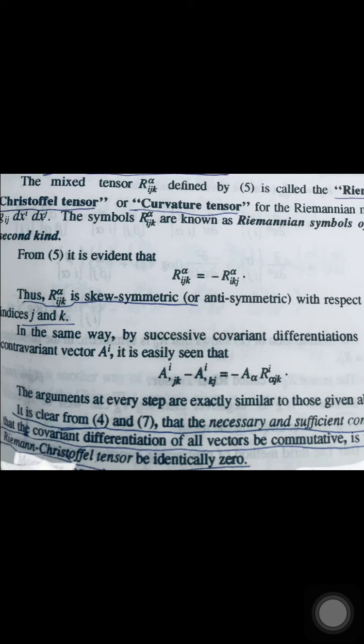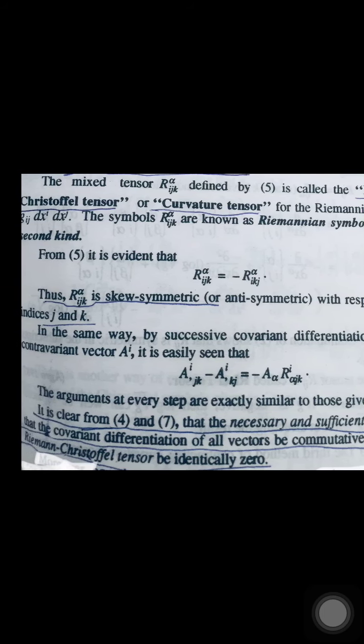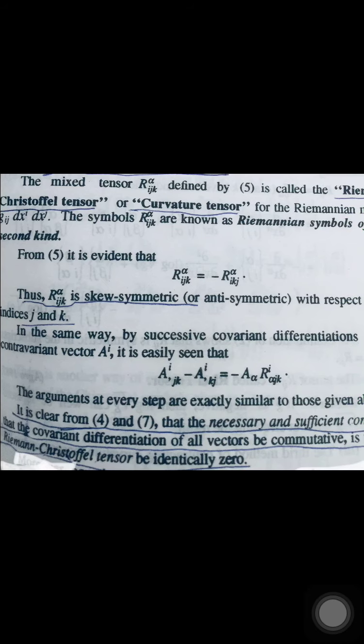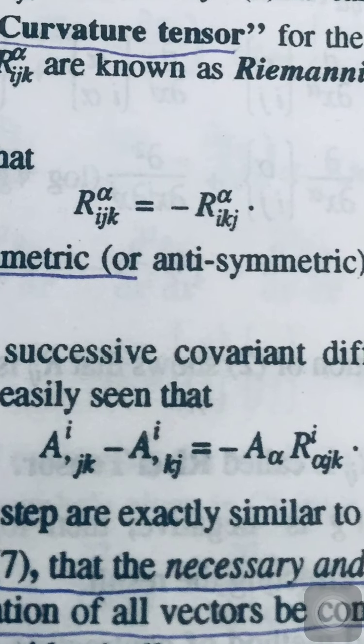The symbols R^alpha_{ijk} are also known as Riemannian symbols of the second kind. The first kind we have already taken under fundamental tensors; this is the second kind. From equation 5, which we have seen in the last slide, it is evident that R^alpha_{ijk} is nothing but minus R^alpha_{ikj}.